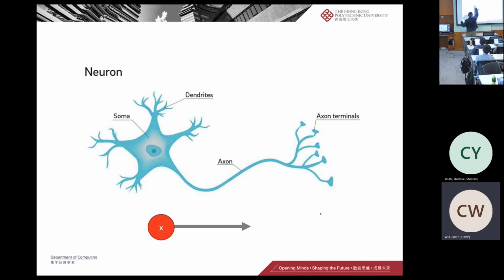That information is passed in and processed, then sent out through a link called the axon. The axon sends that information to different other neurons through its terminals. So you see, it's quite similar to what we have, right? We have the value here and we send it out through the weights of the edges here.